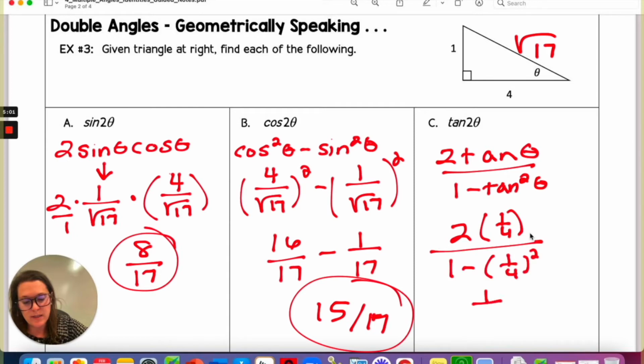That gets me 1/2 divided by 1 minus 1/16. 1 minus 1/16 would be, not 5/16, 15/16. Multiplied by the reciprocal, 16 over 15 would get you 8/15. There you have your final answer.